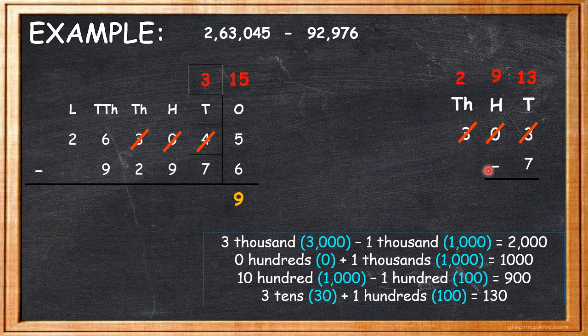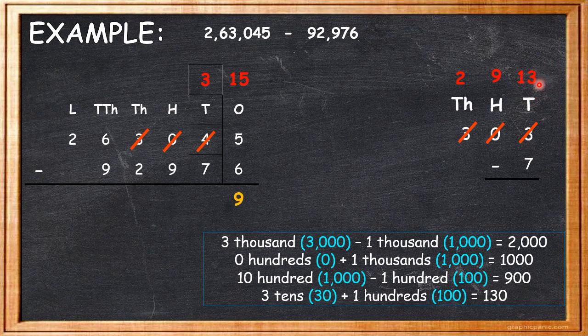Now see in the hundreds column. 0 hundreds plus 1000 is equal to what? 1000, which is equal to 10 hundreds. So 10 hundreds minus 100 is equal to 900, which we are having here. Now 3 tens plus 100 is equal to 130. That is 13 tens we are having here.